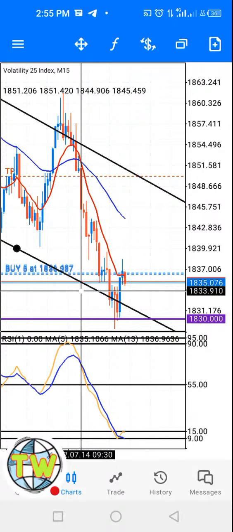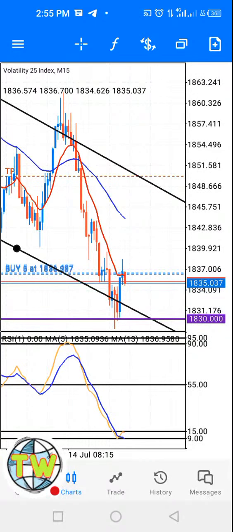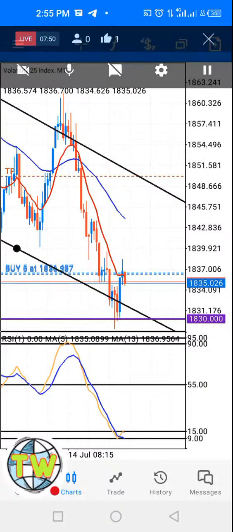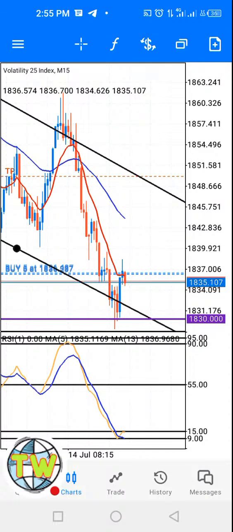Having these two confluences, I thought it wasn't enough still for me to go in for the trade. I think I need to see something. And what is that I need to see? I need to see that price is making some kind of series of rejection.